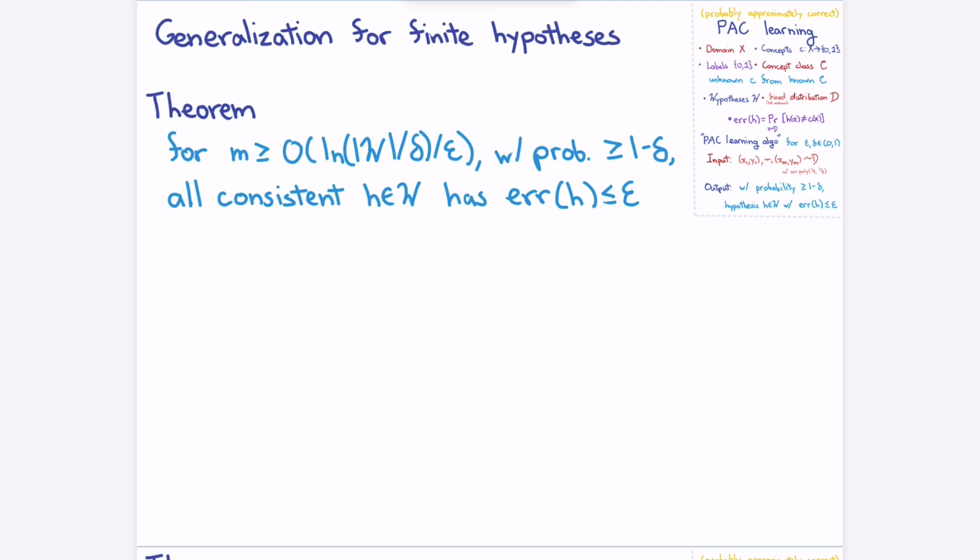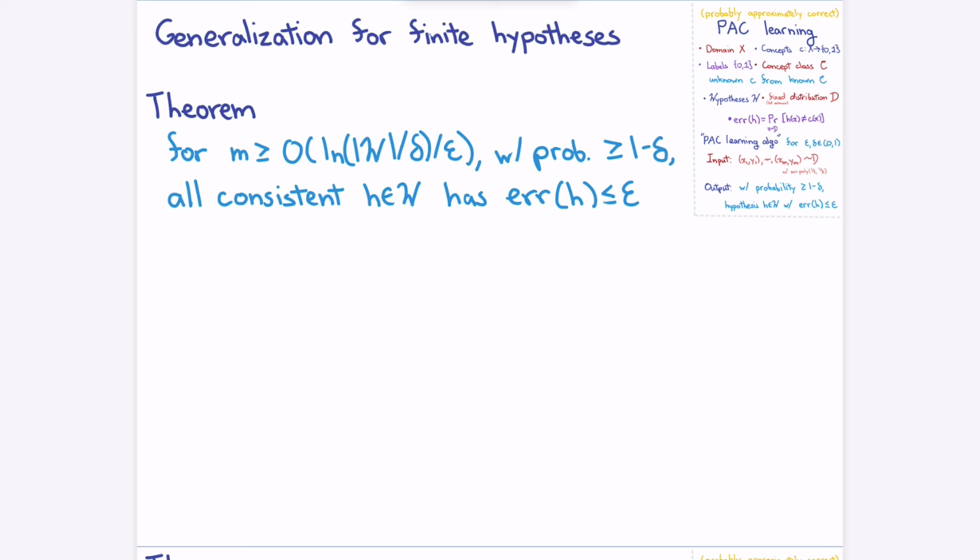So let's look at this. Suppose we have a finite hypothesis class. This is our first case, simplest case. And you have an algorithm that can always output a consistent hypothesis. Maybe you're guaranteed the concept class is rectangles and you're outputting rectangles. You can always find a rectangle that works. Okay.